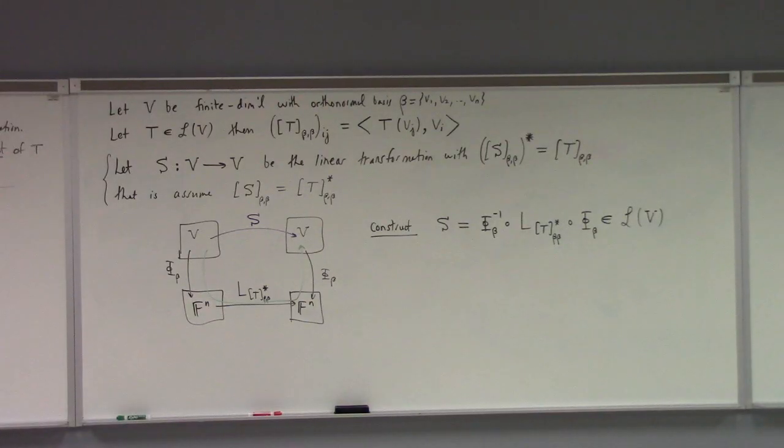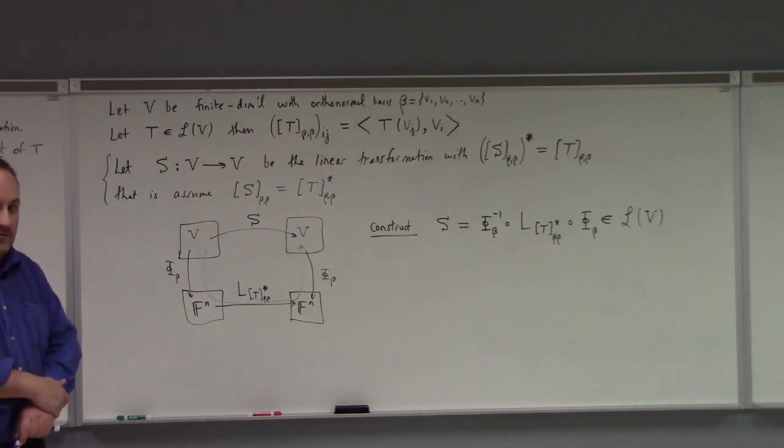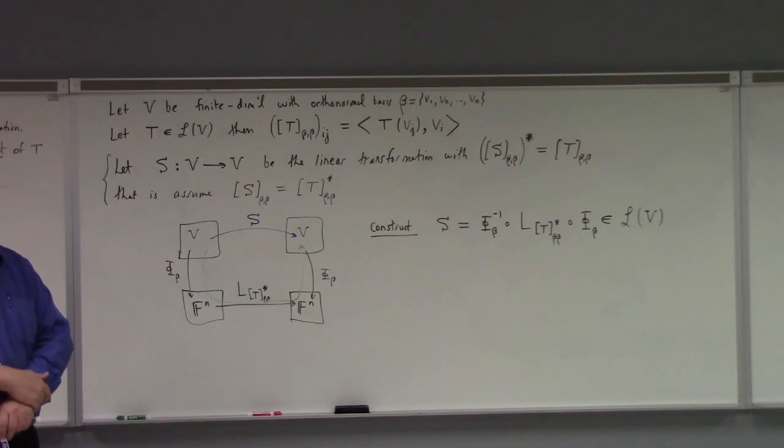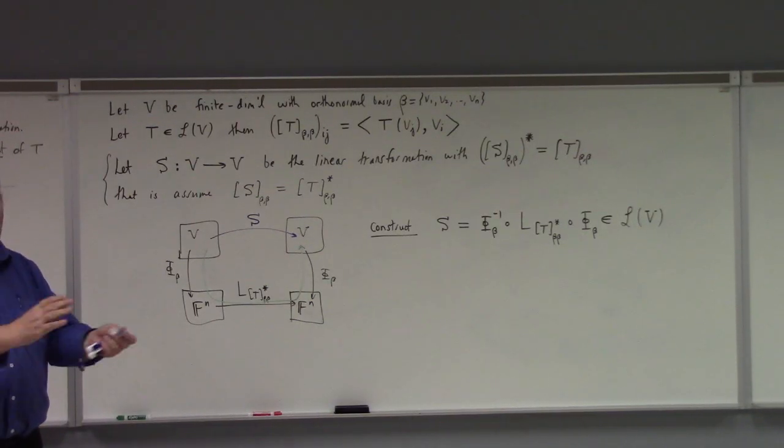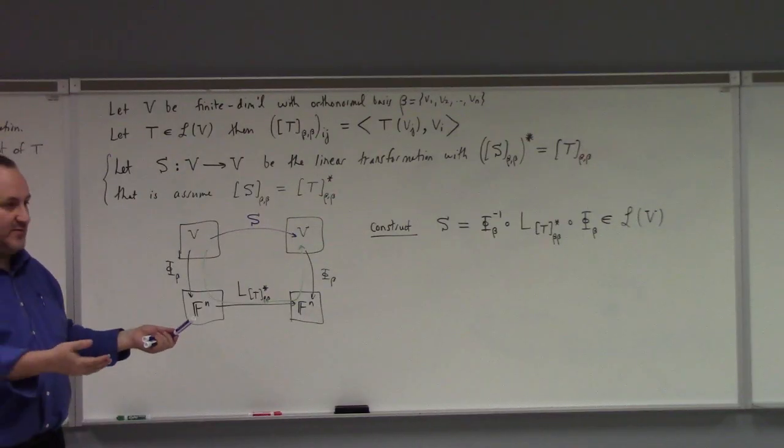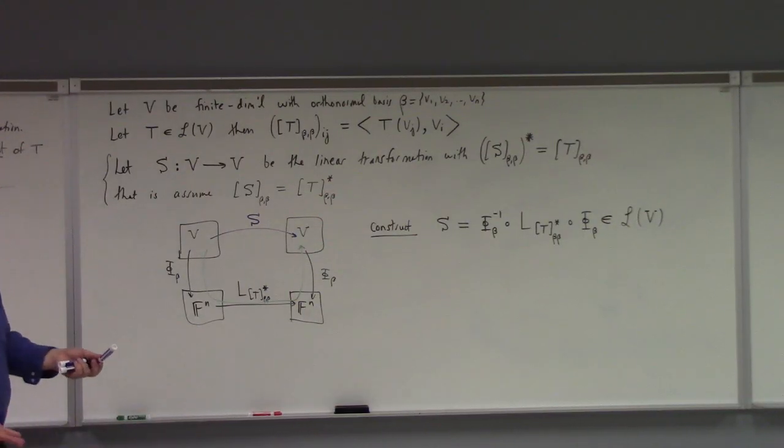Explain to me why that's a linear transformation. So the coordinate maps, are these linear transformations? We know they are, right? They're not just linear transformations, they're isomorphisms.